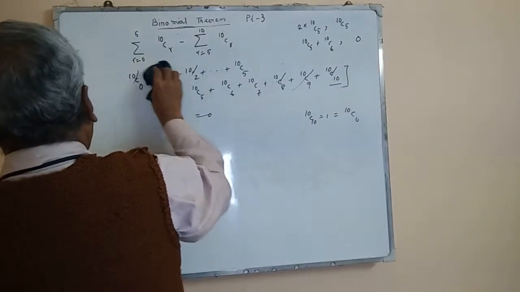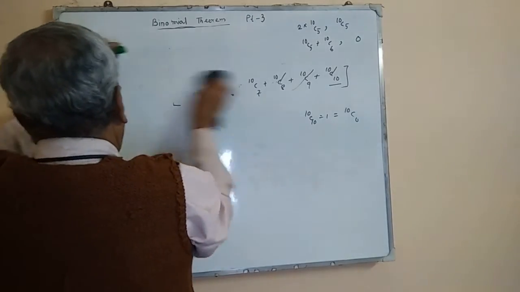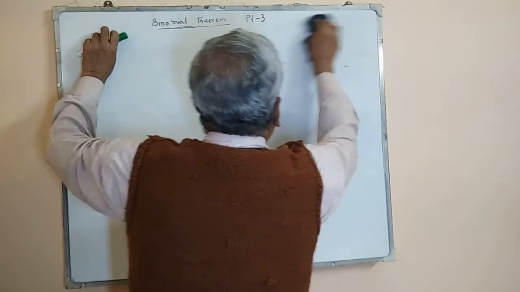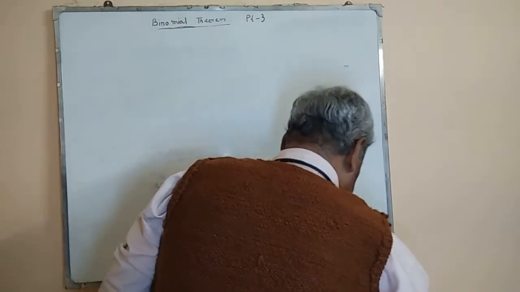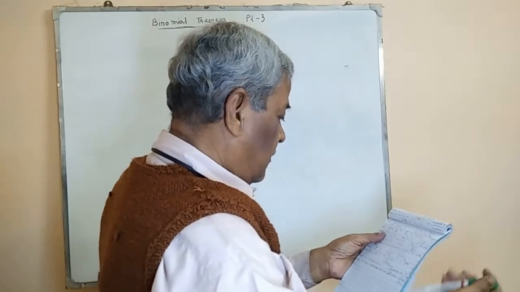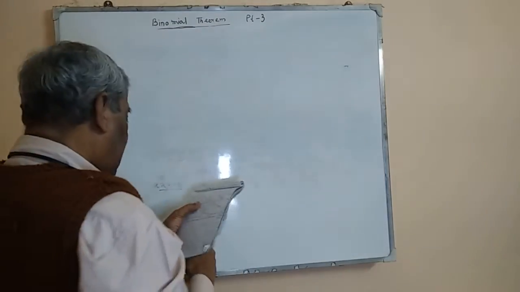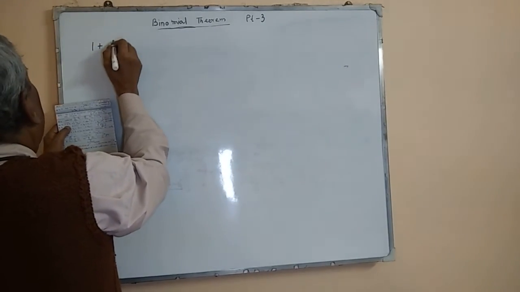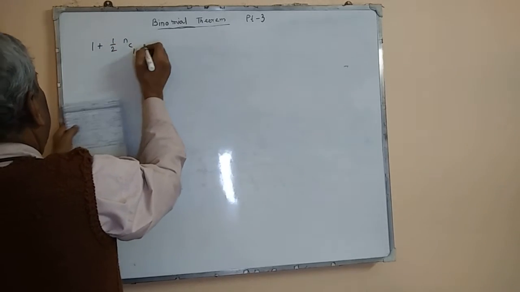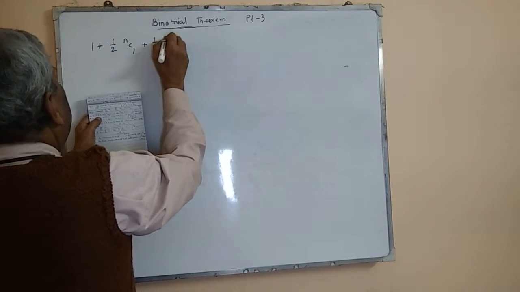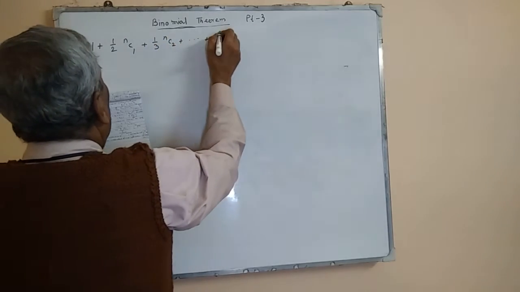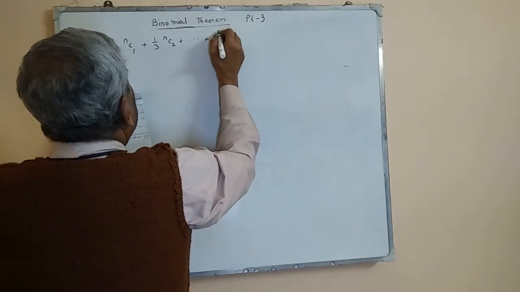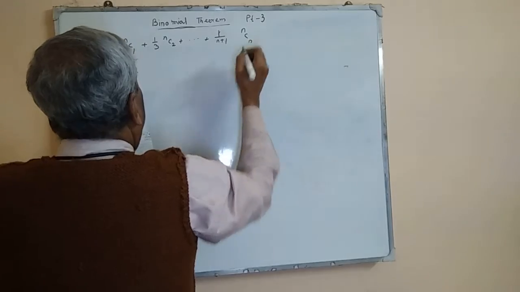So our next problem. The value of 1 plus 1/2 NC1 plus 1/3 NC2 up to 1/(n+1) NCn.